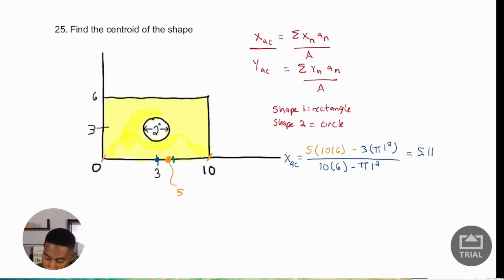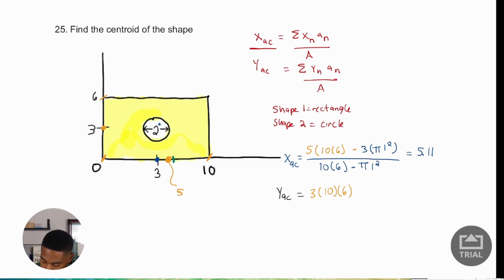All right. And so now we want to find our YAC. So we go about it the same way. We first find the center between here and here. So the center between 0 and 6 is going to be 3. For our rectangle, 3 is y sub n times 10 times 6. Right?